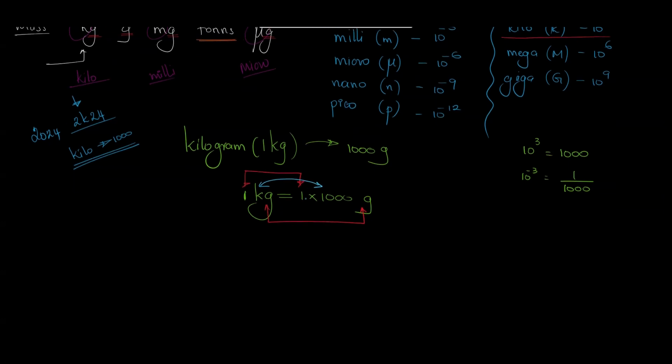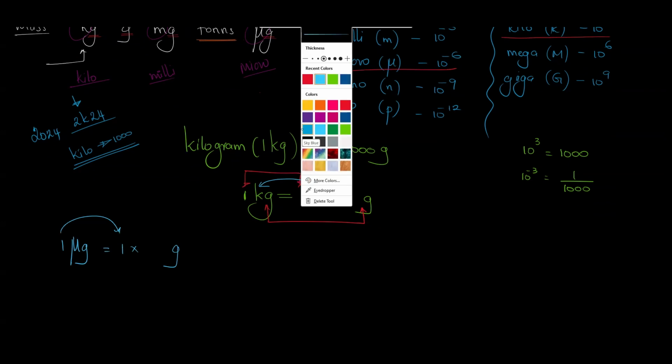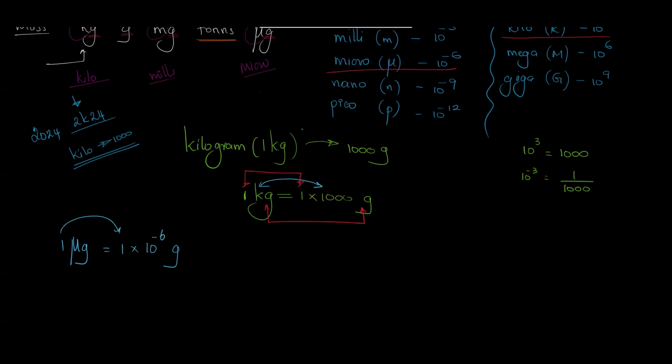Let me give another example. If I have 1 microgram, I want to convert this to gram, right? So you have this 1 that will come as it is. What is micro? Micro is 10 to the power of minus 6. So you will substitute 10 to the power of minus 6. So 1 microgram is 10 to the power of minus 6 grams.